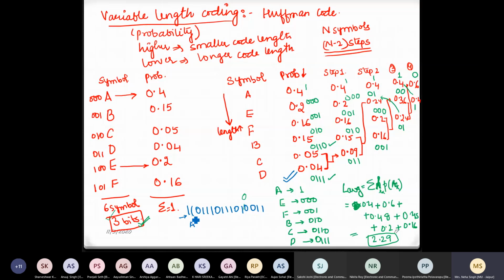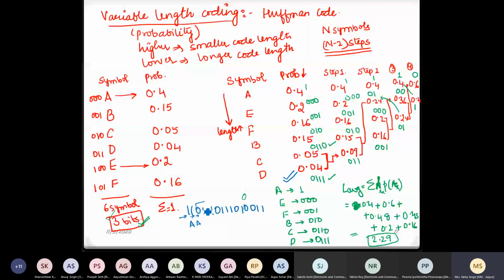I come to the next bit now. I have the symbol in my code table as 1. It means the second symbol transmitted is also A. But when I come to the third bit, I have started with the 0. I have so many options for symbol starting with 0, but single 0 does not exist. So I combine 0 with next bit. So I look out for 0, 1. If I look out for 0, 1, I again have 3 possibilities if I combine the further number of bits.